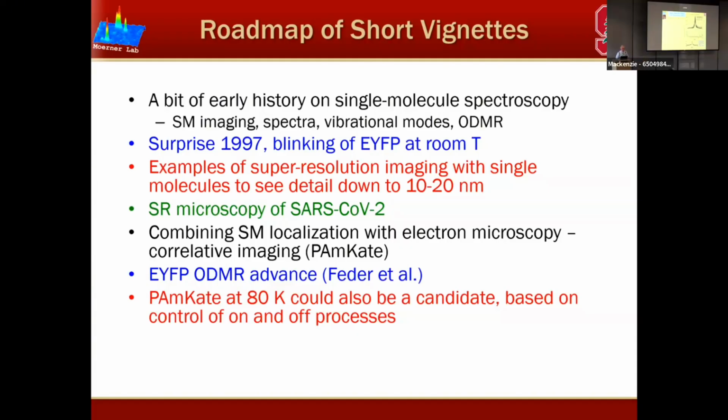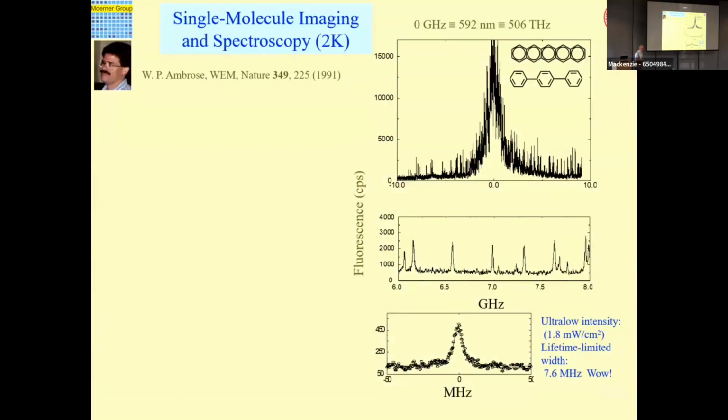Okay, so way back to very early days, 1991, all right? So 1991, 2K, here is the inhomogeneously broadened absorption line of pentacene in p-terphenyl. This transition is measured by basically what we call fluorescence excitation. You tune the pumping laser and you collect and see how much fluorescence comes out of the sample.